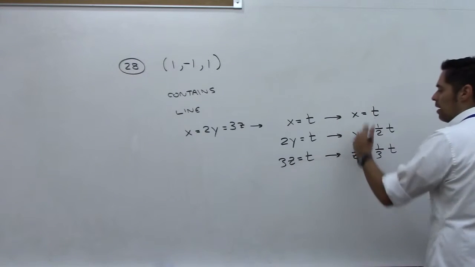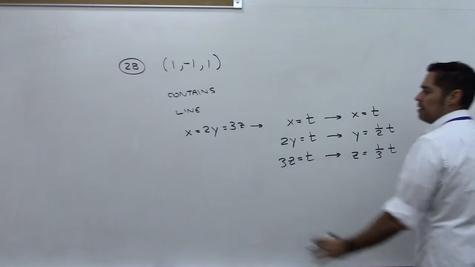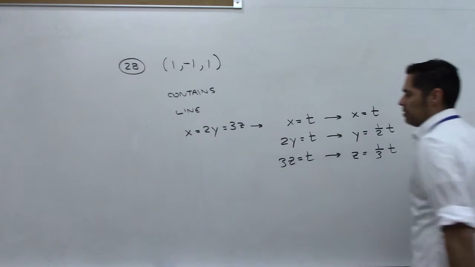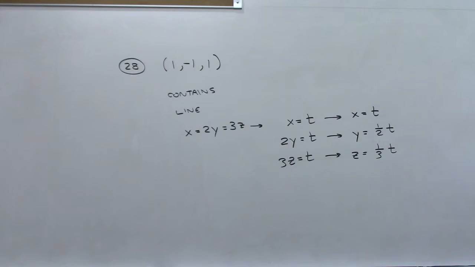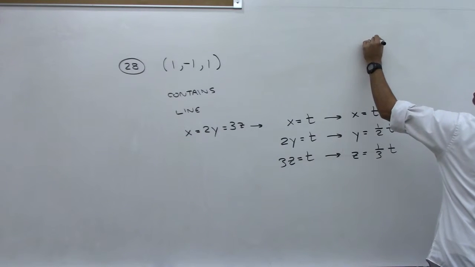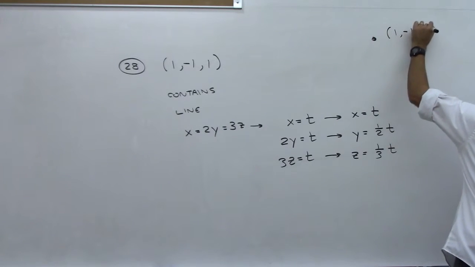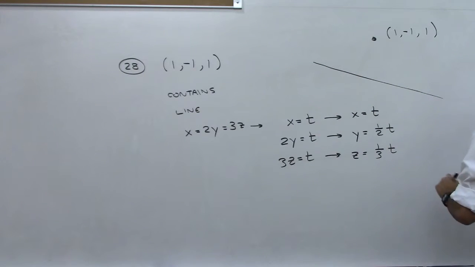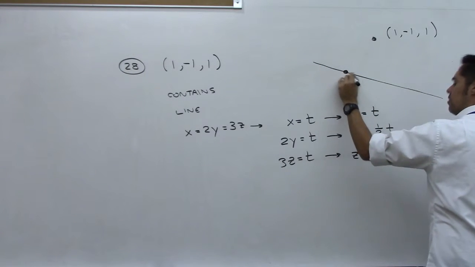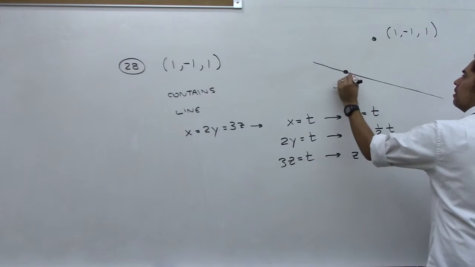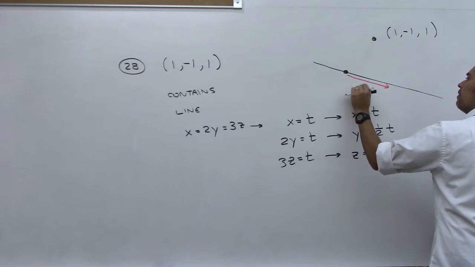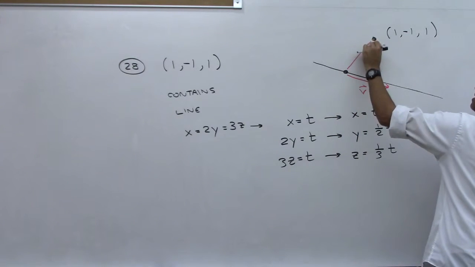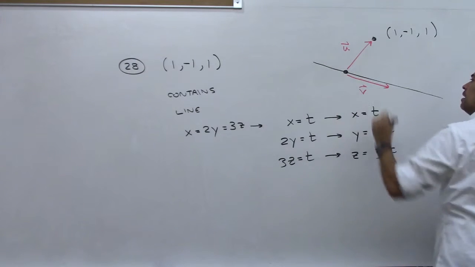So there are your parametric equations from your symmetric equations. And so when I have my point here, 1, -1, 1, and I have this line, I'm going to get my direction vector off of this, which we call v. I'm going to get a vector connecting these two, which we called u in the previous problem.